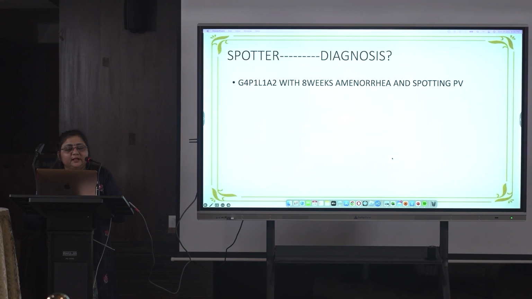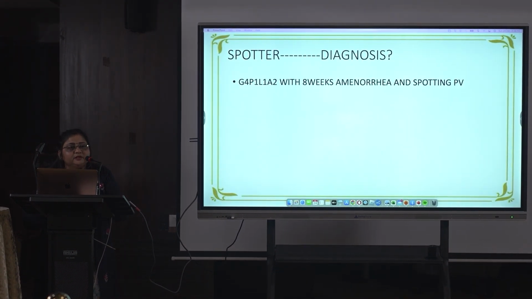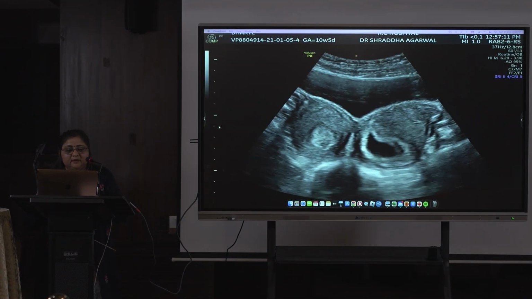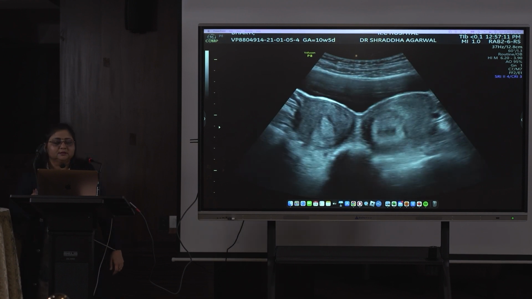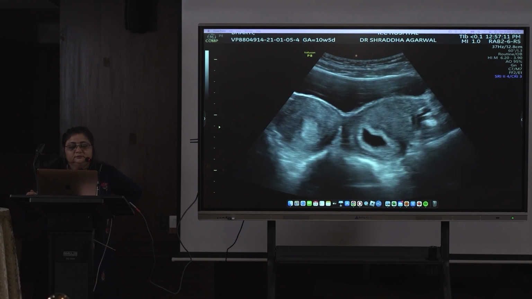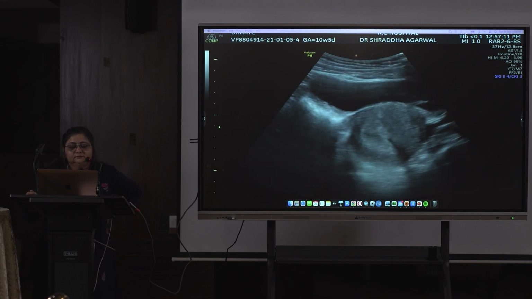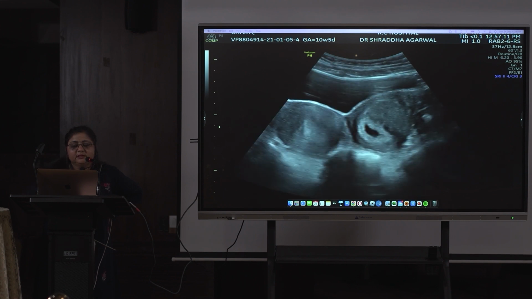This patient is gravida 4, para 1, living 1, abortion 2. She has come with 8 weeks of amenorrhea with spotting PV. We are seeing her now on 2D ultrasound. You can see the cervix also.